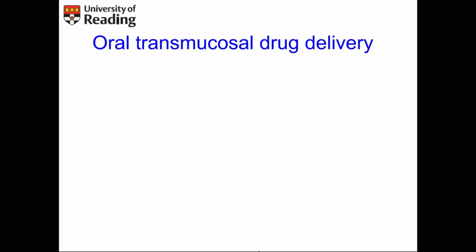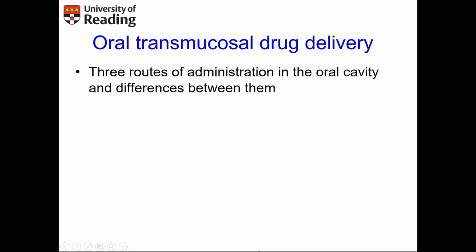Moving on to oral transmucosal drug delivery, and what you're supposed to know on this topic is about 3 routes of drug administration in the oral cavity and the differences between them. These include buccal delivery, sublingual delivery, and gingival delivery, and there are some differences between them.